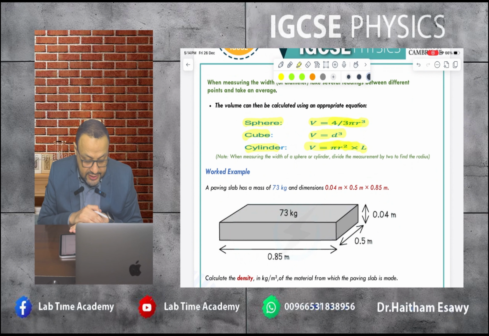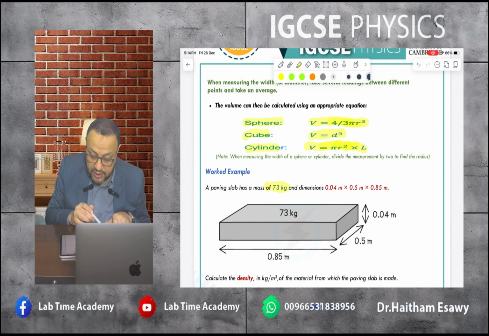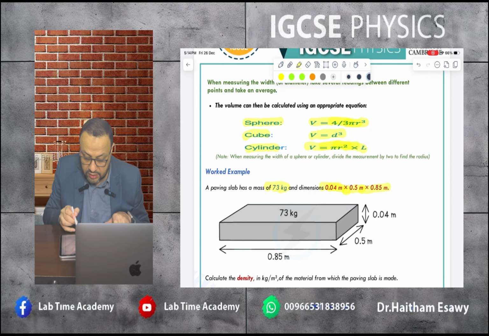A paving slab has a mass of 73 kilograms and dimensions 0.04 meter times 0.5 meter times 0.85 meter. Calculate the density in kilograms per cubic meter.